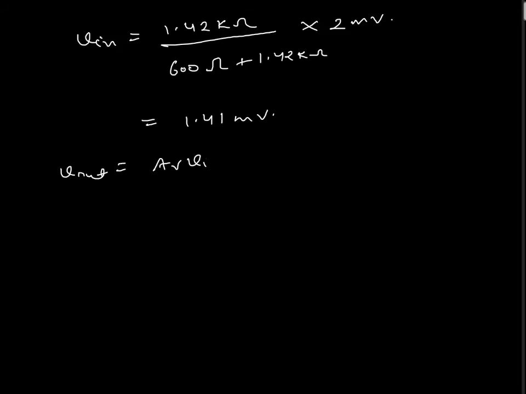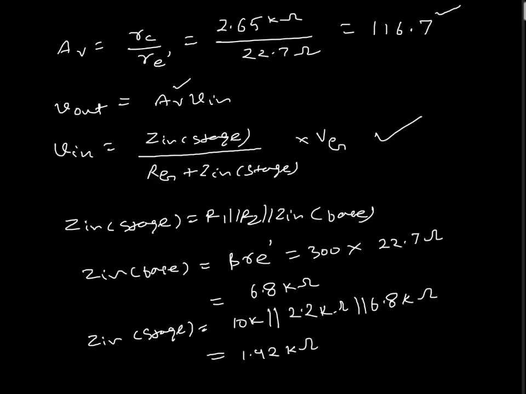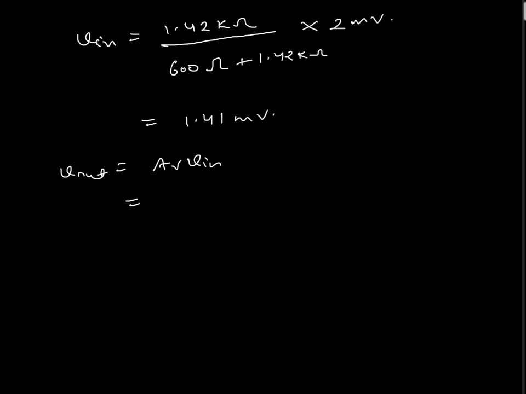It means using all these things, Vout is AV times Vin. We calculated AV here, this 116.7. So 116.7 times Vin, which is 1.41 millivolt.